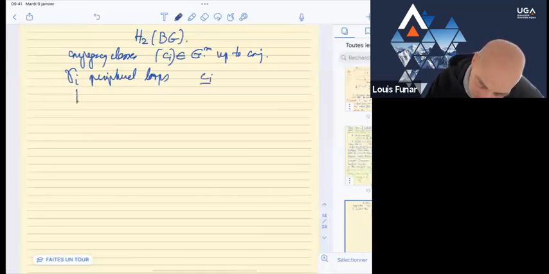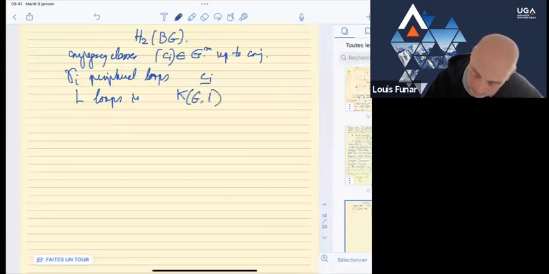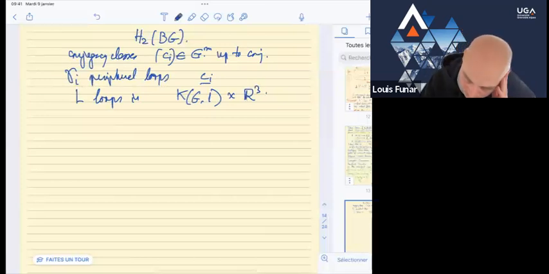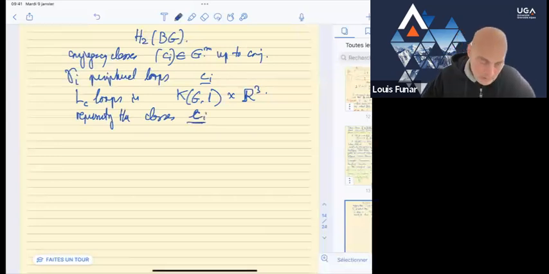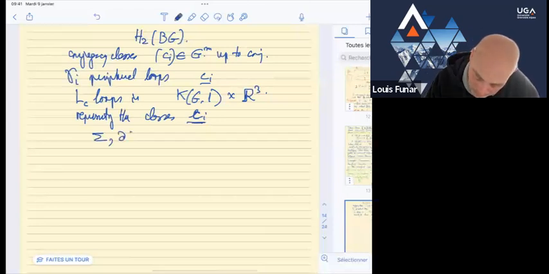And now I am taking some loops in KG1. Let's say if I want them to be embedded, I'm taking the product with R^3, which correspond to classes representing the conjugacy classes C_i in G. So now we have a map from sigma and the boundary of sigma.